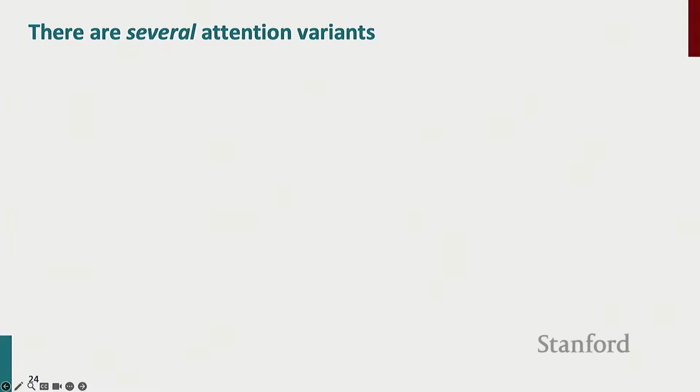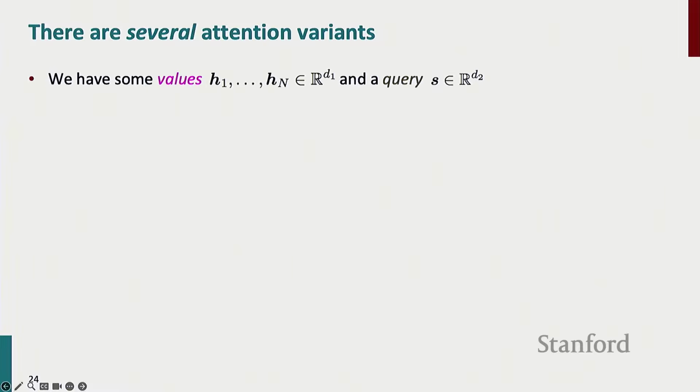Okay, so I presented up until this point just this, said, oh, we could do a dot product. But in general, there's more to it than that. So what we have is some values h1 to hn, and we have a query vector, and we want to work out how to do attention based on these things.